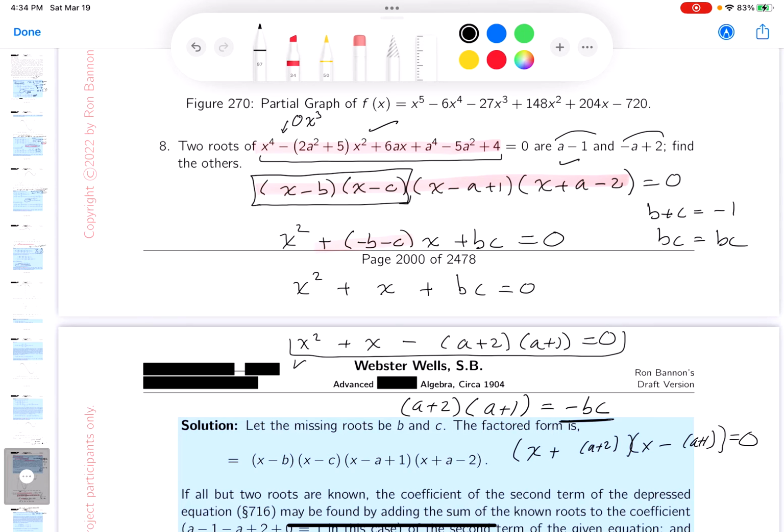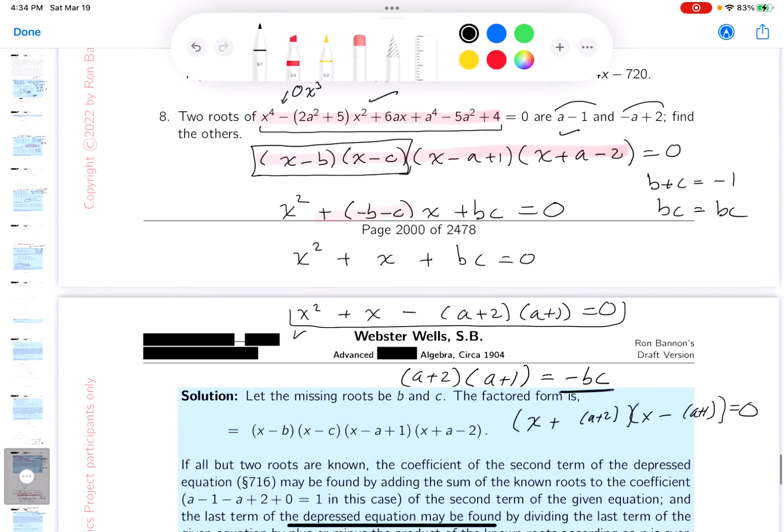And the complete factorization is going to be this: x plus a plus 2, x minus a minus 1, x minus a plus 1, and x plus a minus 2.